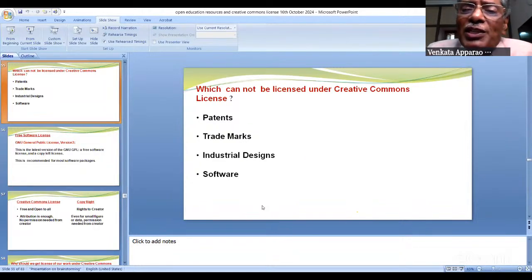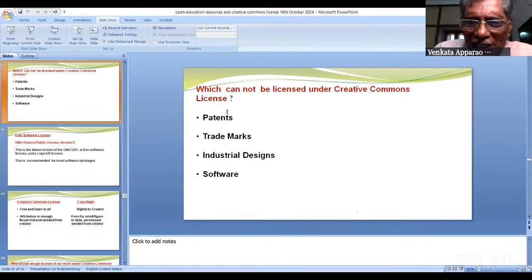Now, which cannot be licensed under Creative Commons license? Please look at these. Patents, you cannot get license under Creative Commons license. Where can you get registered patent? That is under Patent Act. Separately, patent registration organizations are available.